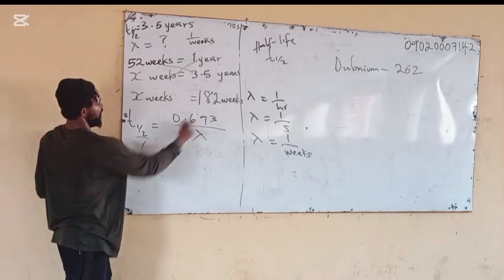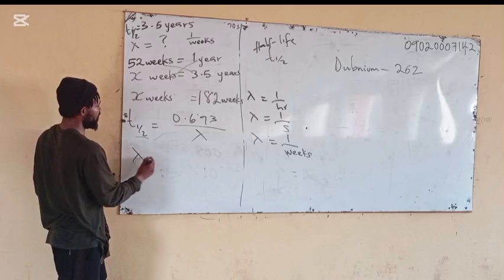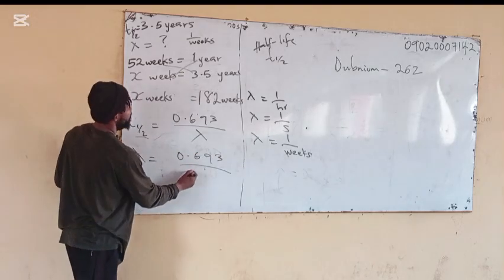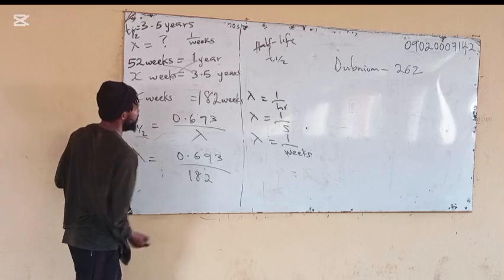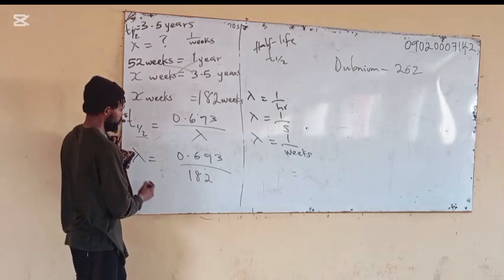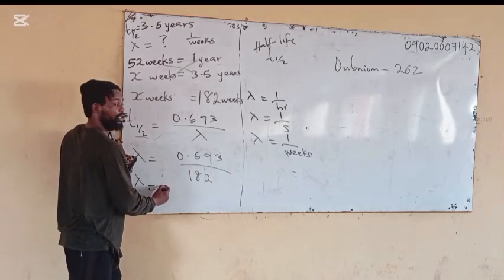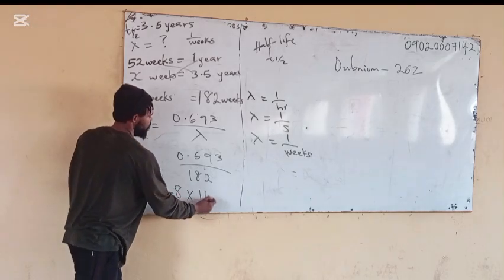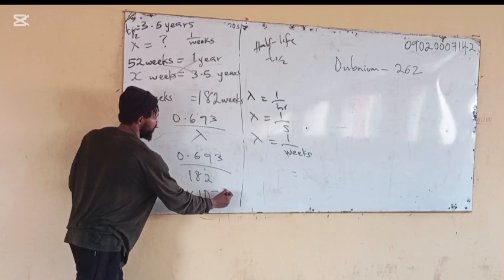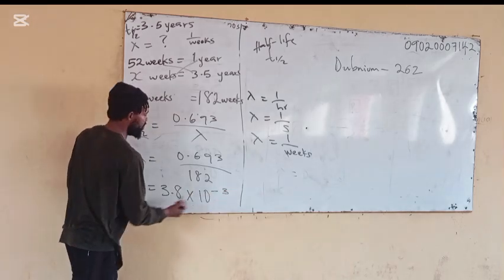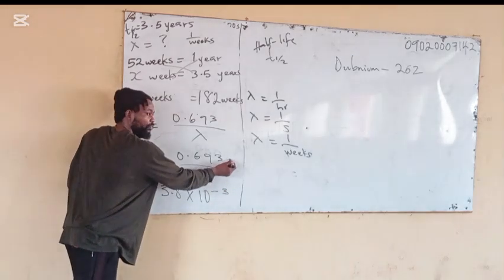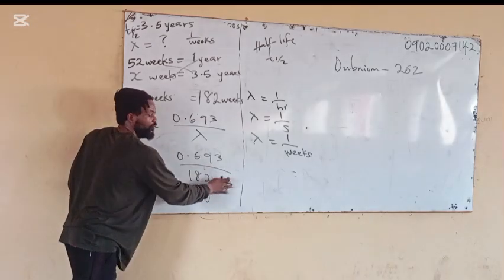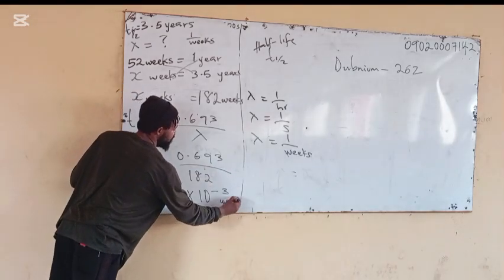If you cross multiply, you now have lambda equals 0.693 over 182, which is 3.8 times 10 to the minus 3. And you know that the only unit here is weeks, so it is per week.